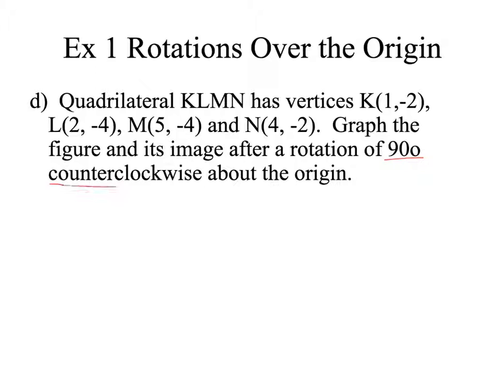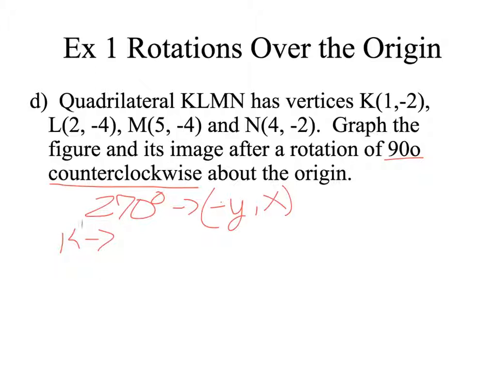90 degrees counterclockwise. Remember, if we're going 90 degrees counterclockwise, we're looking at 270 degrees clockwise. So we're going to use the 270 degrees formula. And we flip the x and the y, and we change the sign of the y. So K started at 1, negative 2. And that's going to switch and become positive 2, 1, because my y value changes signs. L prime started at 2, negative 4.